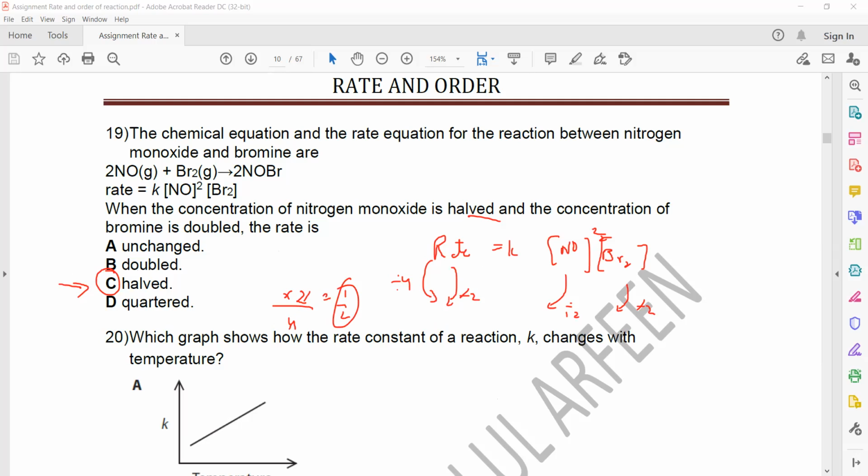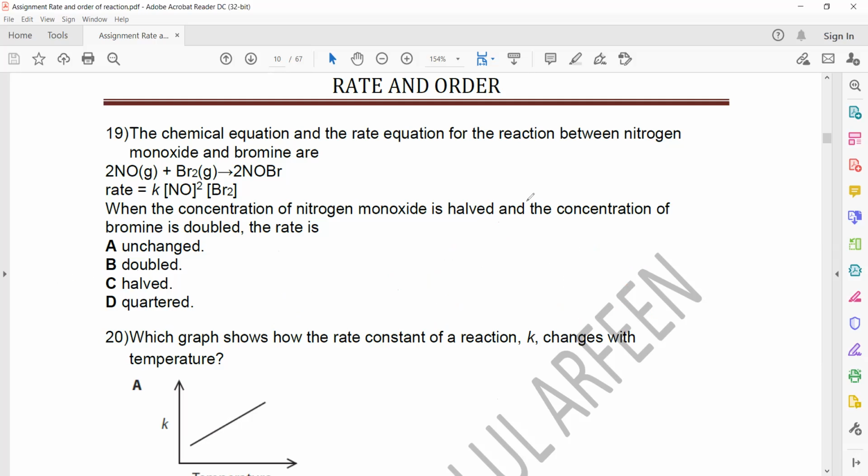Sir, how do you multiply and divide? Because according to the equation, rate is equal to k times the concentration of nitrogen monoxide raised to power 2 and the concentration of bromine raised to power 1. They mentioned we halve the nitrogen monoxide concentration. It is second order, so if concentration is doubled, rate will increase by 4. If concentration is tripled, rate will increase by 9.